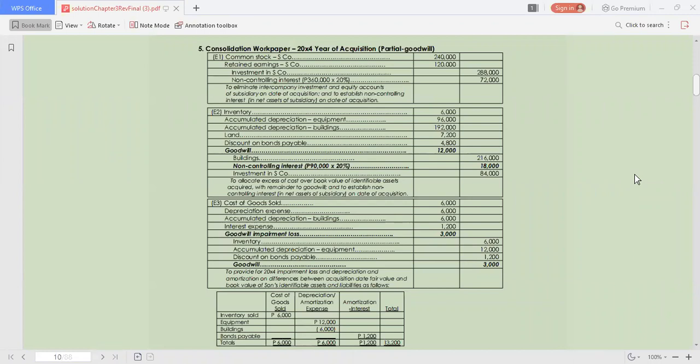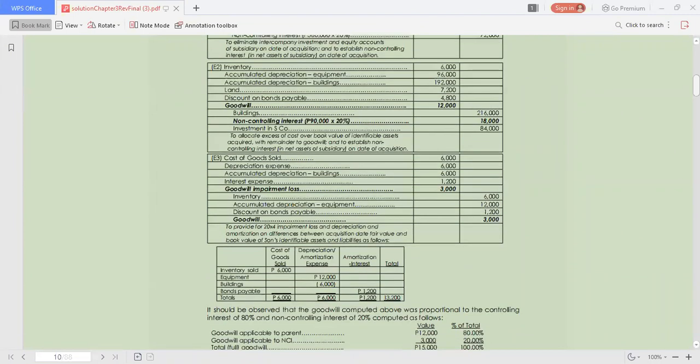So the explanation: to provide for 20x4 impairment loss and depreciation and amortization on differences between acquisition date fair value and book value of S's identifiable assets and liabilities. So we are now given the breakdown of these figures. Okay, so the net amount of 13,200 as found in the table.